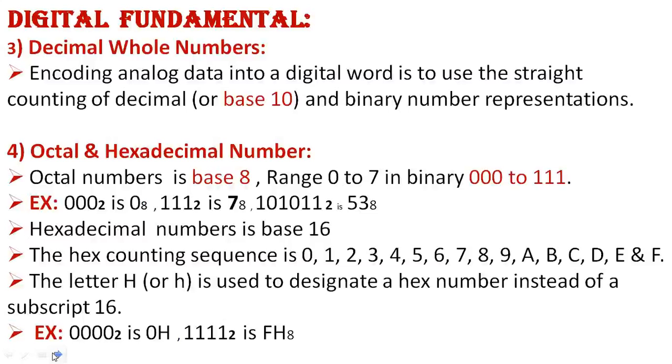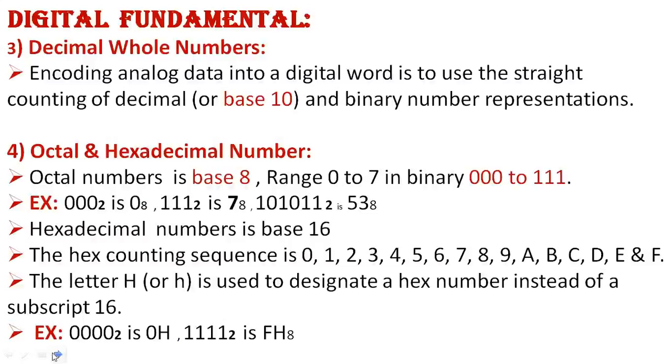Hexadecimal number is base 16, counting from 0 to F. So the first 10 numbers are 0 to 9, and the remaining 6 are represented by alphabets. The hex number is denoted by capital H or small h, or by the subscript 16.